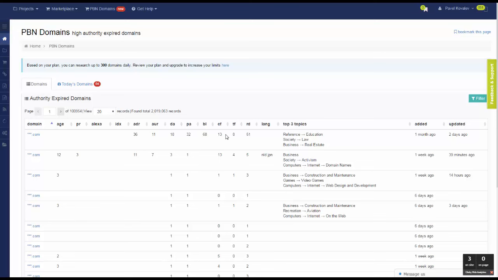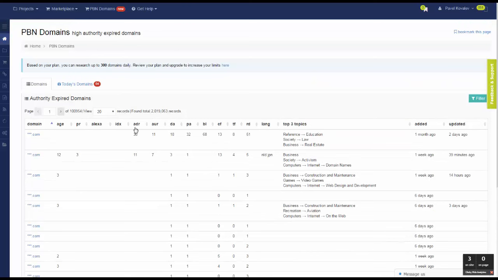Then domain metrics are taken. We don't only look for high domain metrics, but we filter out a lot of domains that have absolutely no value. Only after that are they added to the store, and we have 2 million records overall. So we collect a lot of information.